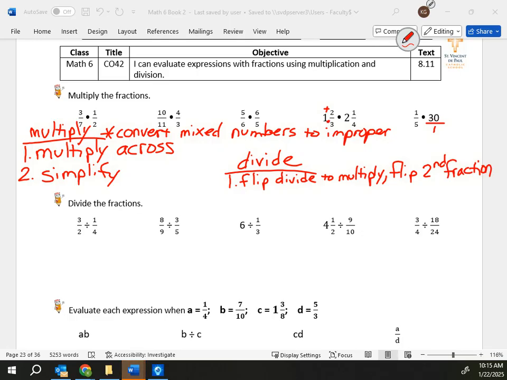So if we're flipping, dividing to multiplying, that first fraction stays the same. That second fraction, you flip to its reciprocal. Now we multiply the same way, because now we're multiplying. So you multiply across, and you simplify.